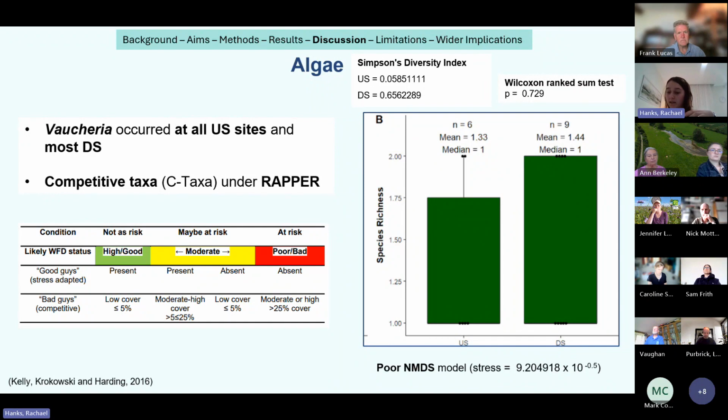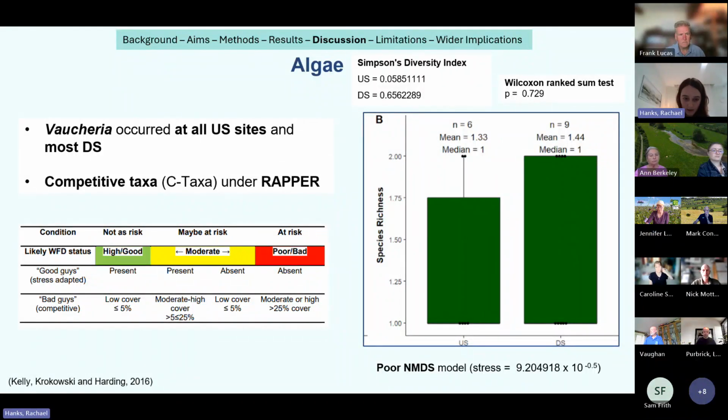The competitive taxa are the groups of algae we would see in really high nutrient rivers. So they act as a really good indication within RAPA of eutrophication risk and algal bloom risk. If we're getting loads of competitive taxa, we know there's a real issue. And if we're getting stress adapted, it's not as worrisome.